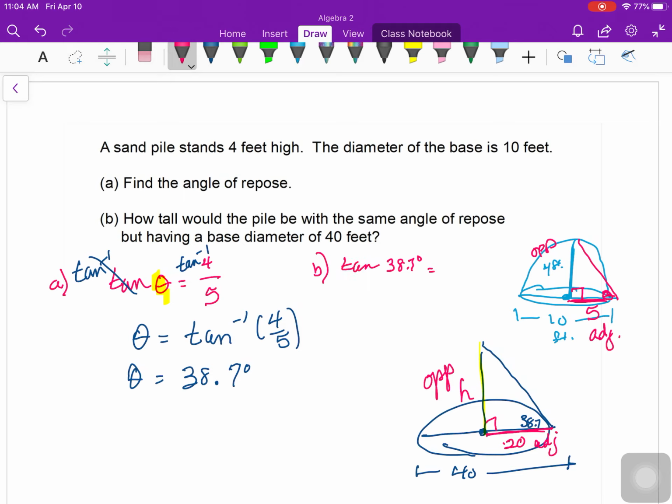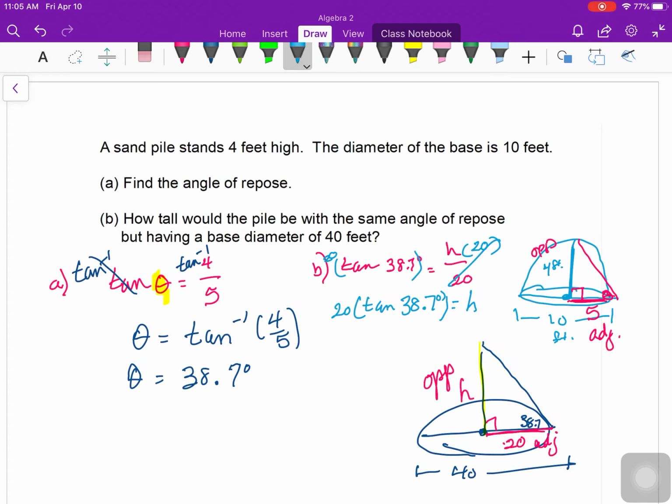So I have the tangent of 38.7 would equal H over 20. To solve that, I'm going to have to multiply both sides by 20. And I get 20 times the tangent of 38.7 degrees equals H. So when I go to my calculator, I'm going to type that in just like it is: 20 times tangent of 38.7.